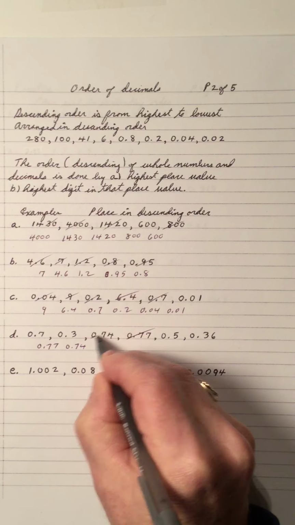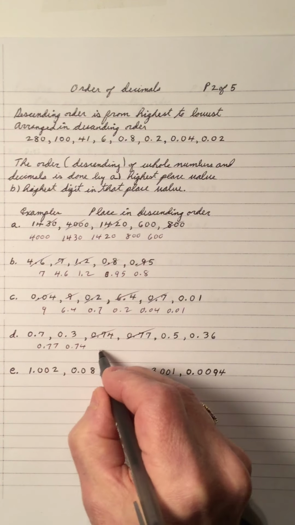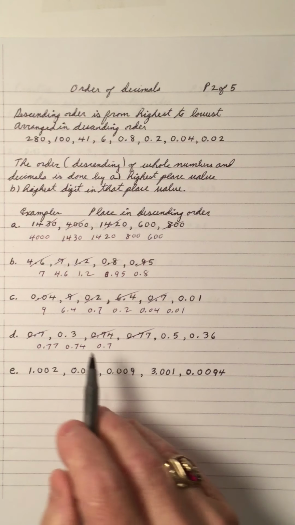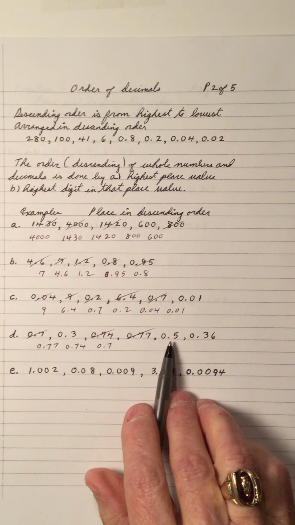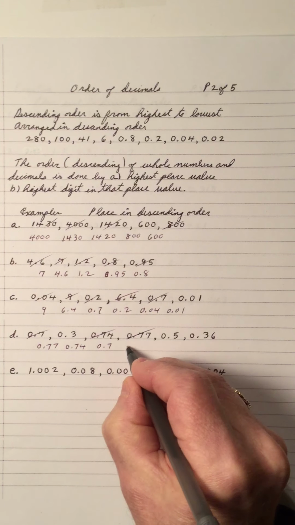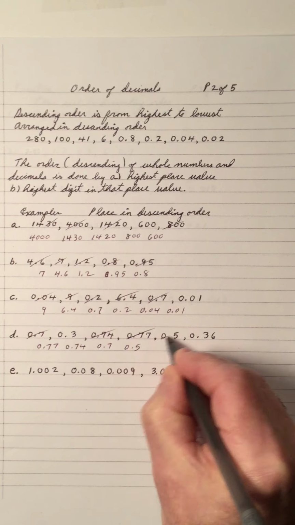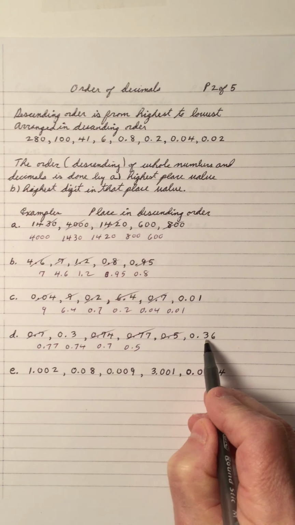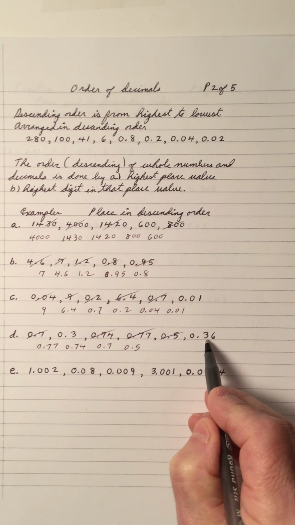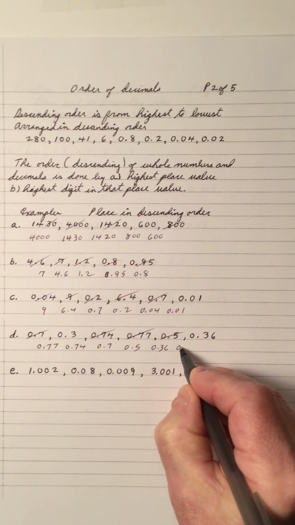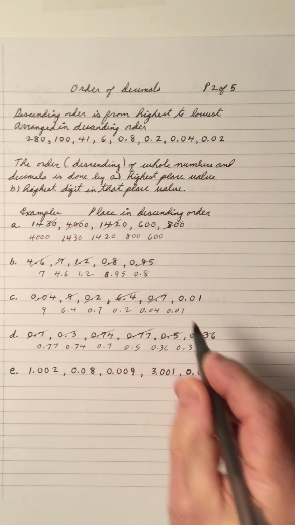So that's gone, and 0.7 is next. Now we have 3 tenths, 5 tenths, and 3 tenths. So 5 tenths is next, so that's gone. We have decimal 3 and decimal 3/6. So the 3/6 is higher, and the decimal 3 is next.